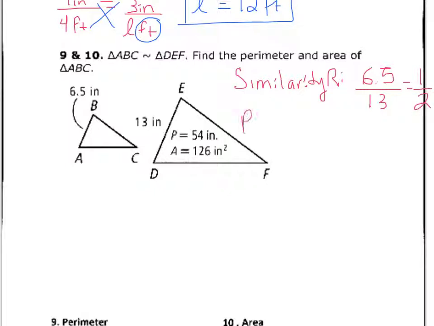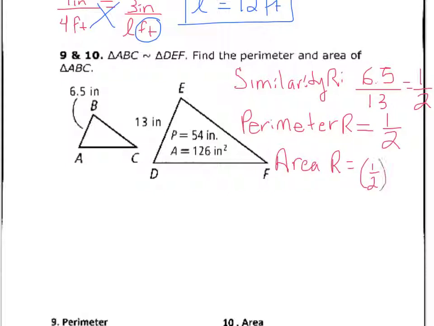Now for the perimeter ratio, what do we know about the perimeter ratio and the similarity ratio? They're the same. So that would be 1/2. And now for the area ratio, you get the perimeter ratio, which is 1/2, and you square that, which is 1 squared and 2 squared. And that would be 1/4.